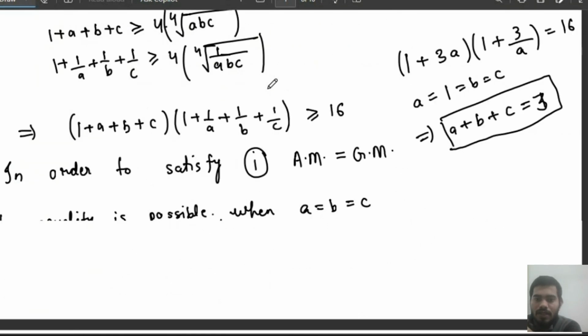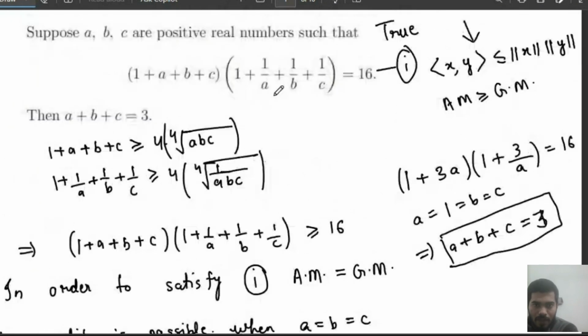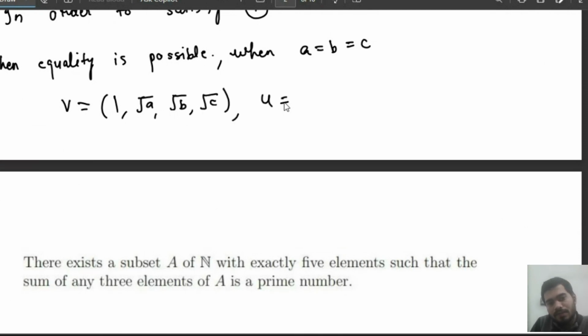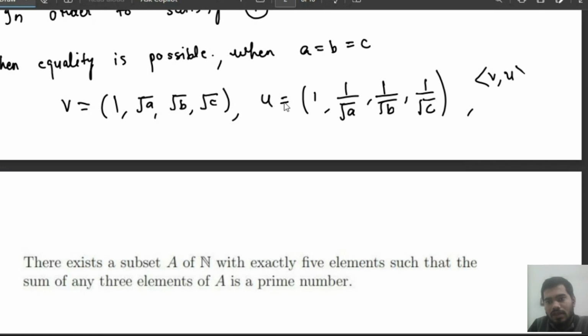So what you do in this case, if you want to apply Cauchy-Schwarz inequality, take the vector as one and the other vector as another, right, and then you will observe that this case will occur in order to get it equal to 16.